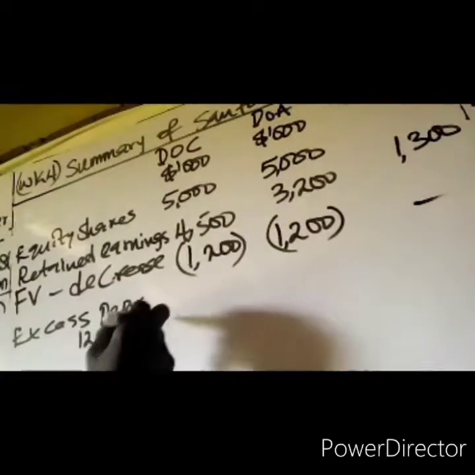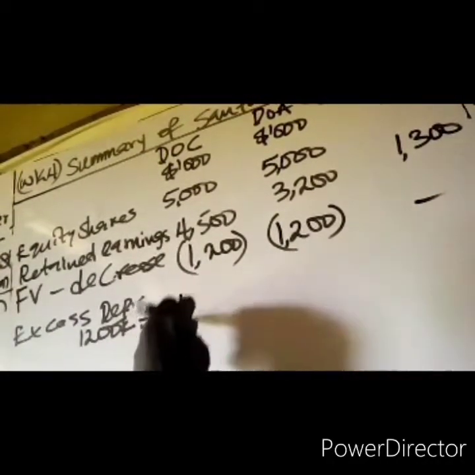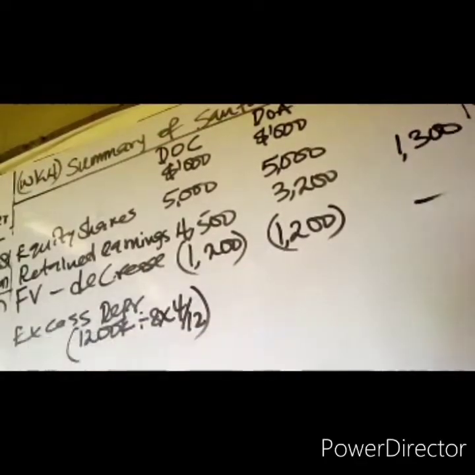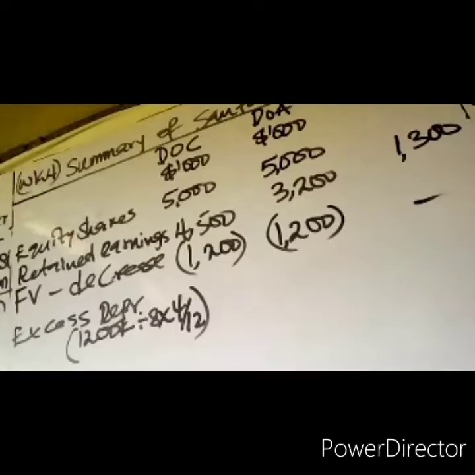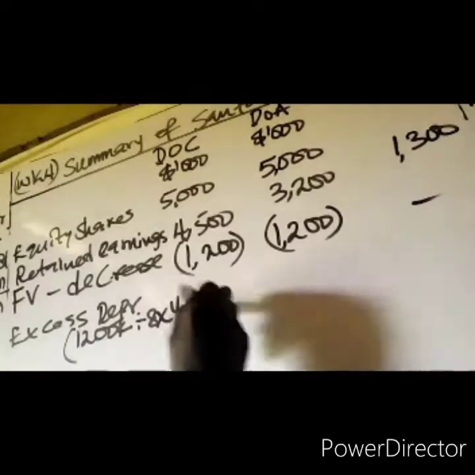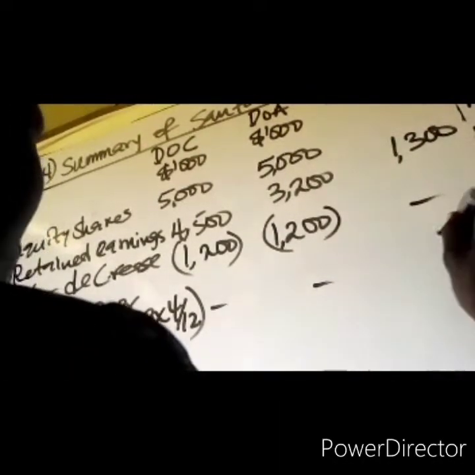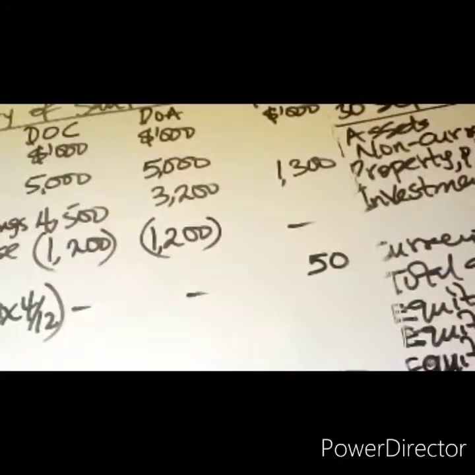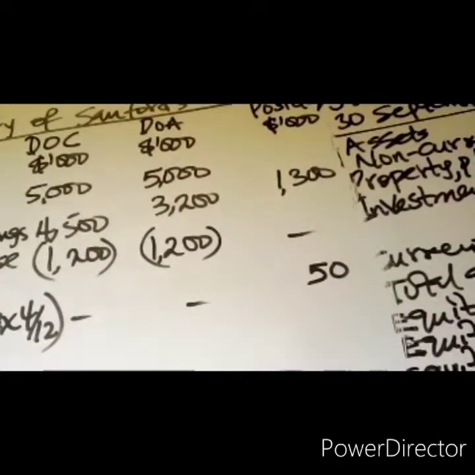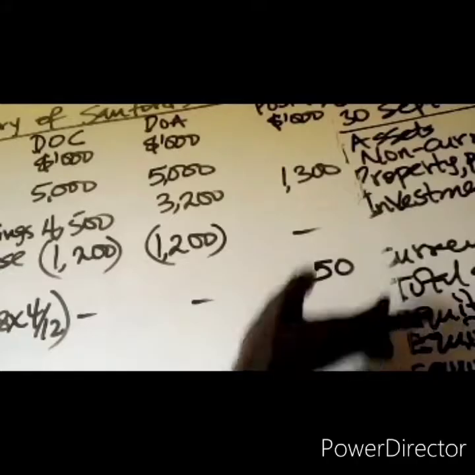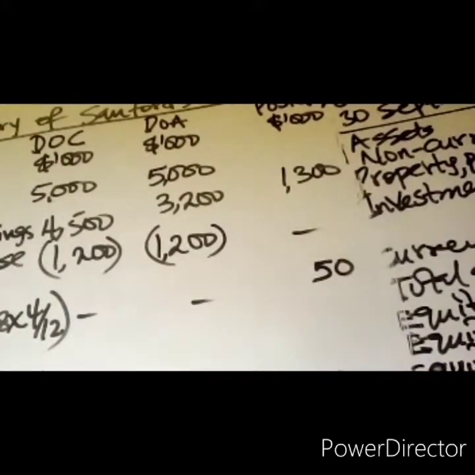So the post-acquisition period is 4 months: 1,200 divided by 8 times 4 divided by 12, which gives us 50. Since it is excess depreciation, that means the depreciation that has been charged before is too much. So we are adding it to the profit of the subsidiary in order to increase it.